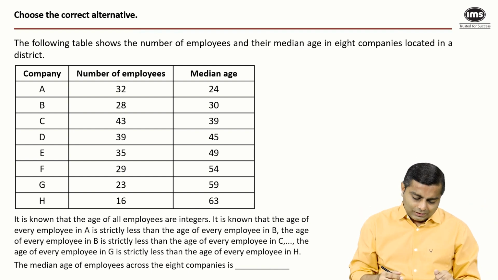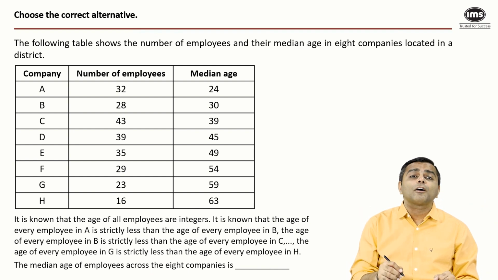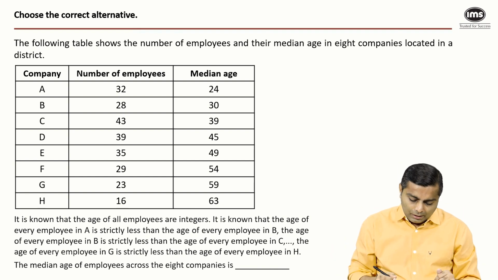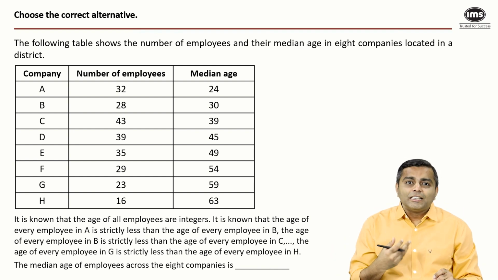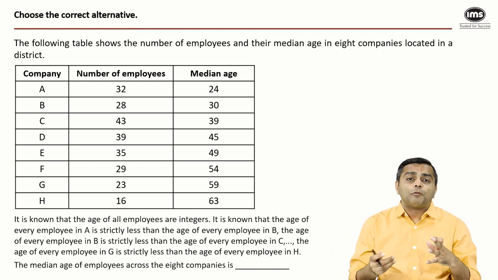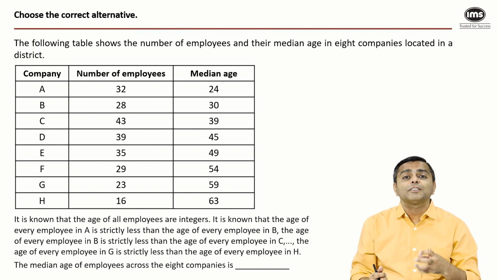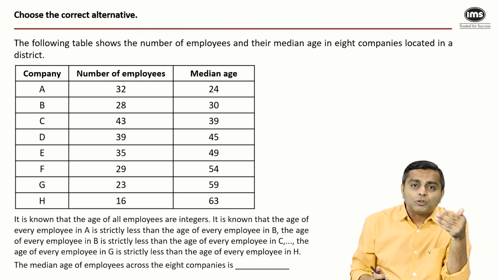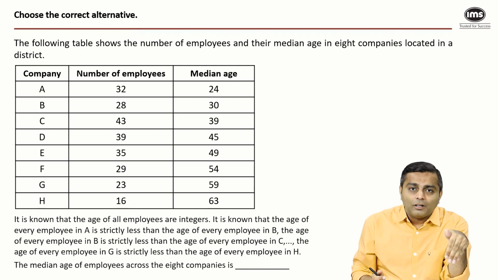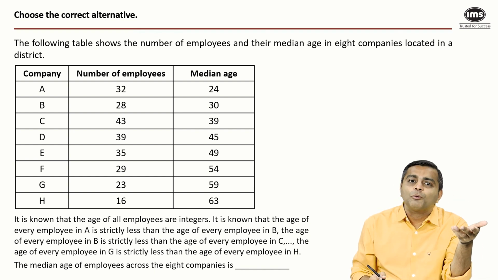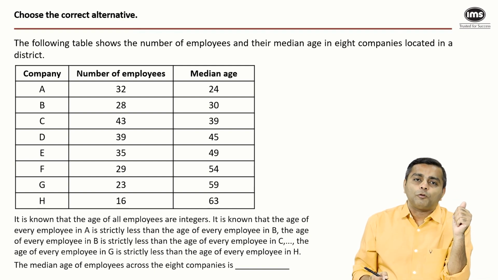The question asks us the median age of employees across all the 8 companies. Because they've asked us the median of all the 8 companies, we first need to know who is the middlemost guy of the total, correct? Which means the first thing we have to figure out is the total number of employees of all these 8 companies.